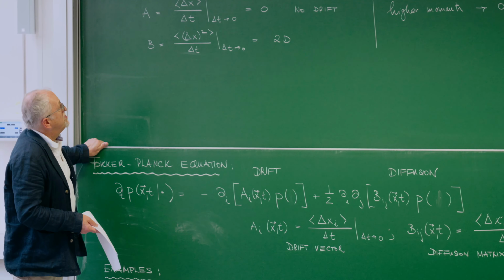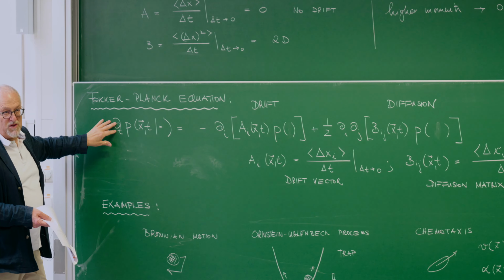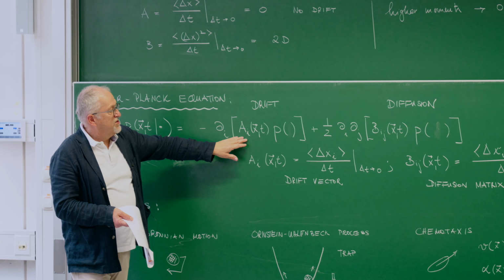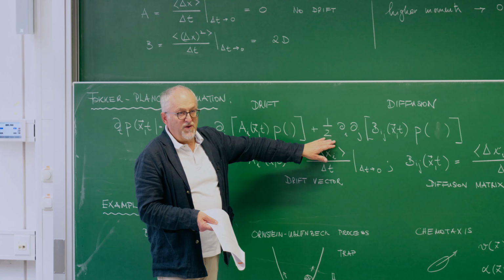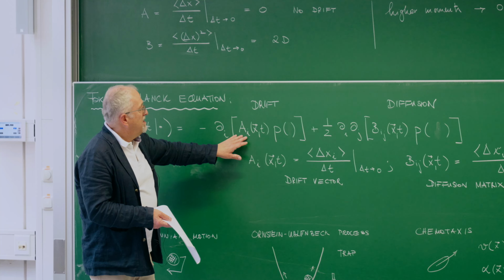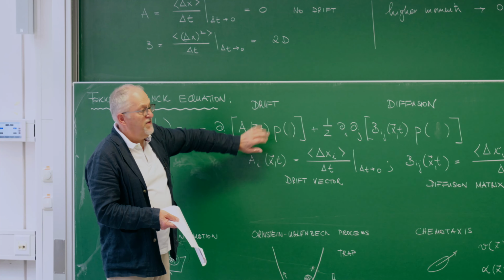So that's now very, very simple, right? The first moment is 0, the second moment is 2D. I have a one-dimensional problem. I'll just use the results I just got and rewrite my Fokker-Planck equation for this particular case. The A here becomes 0, so there's no drift term whatsoever.